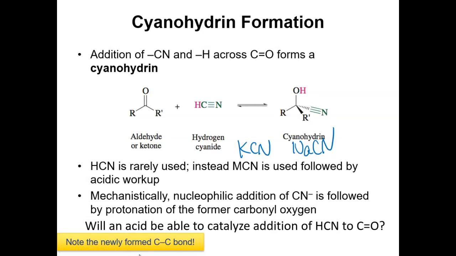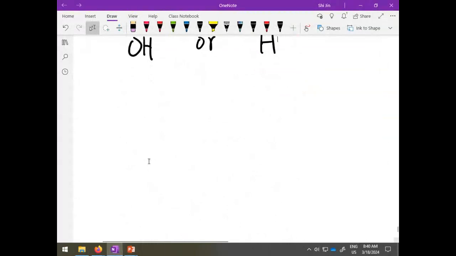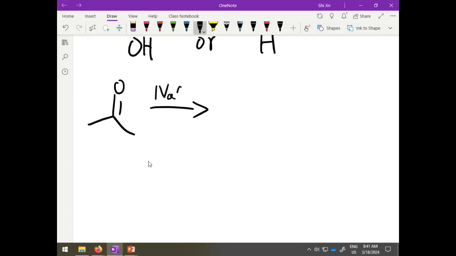The other way you can do this reaction is to take the ketone or aldehyde and use a mixture of sodium cyanide or potassium cyanide with hydrogen cyanide. This is also going to be fine.